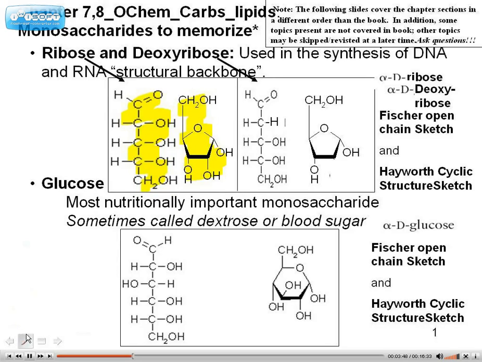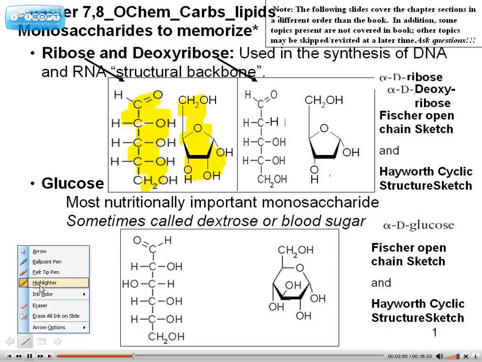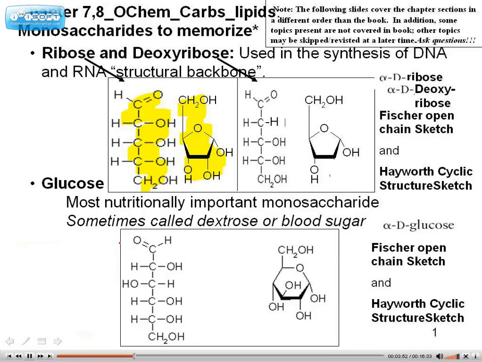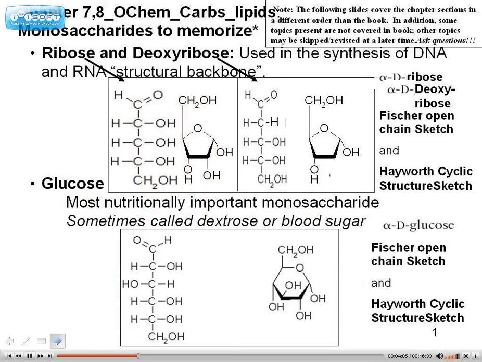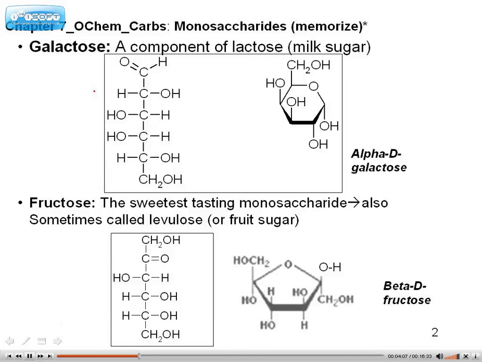So I'm just going to move ahead a bit. And as I said over here, same thing. Glucose, memorize the open chain Fischer projection, and then memorize the Haworth cyclic structure that you see right next to it. Galactose, same thing.